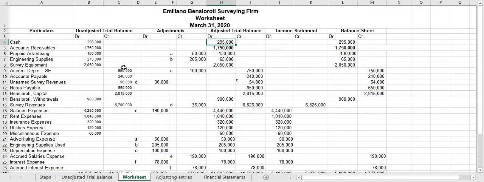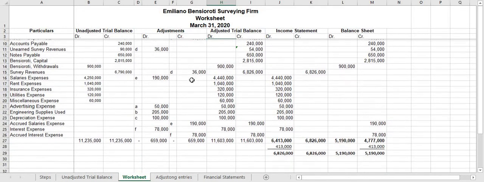If an account has a normal debit balance in your unadjusted trial balance, for example your assets, and the adjustment is a debit, it means addition to the account. If it has a credit adjustment, and it is an asset, it indicates deduction to the account.